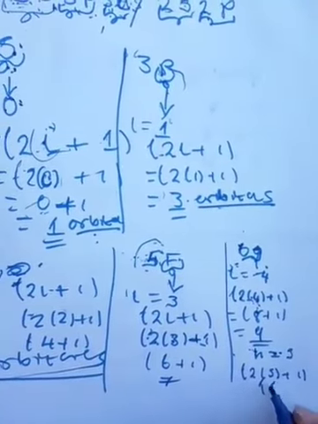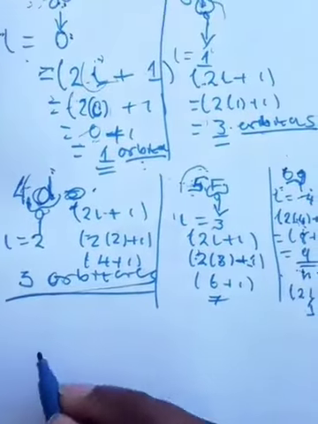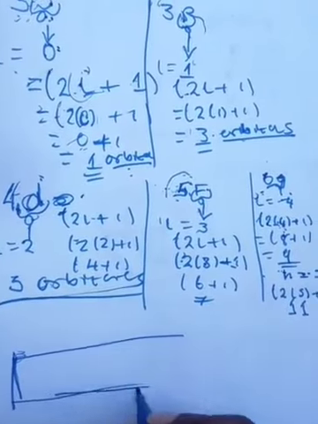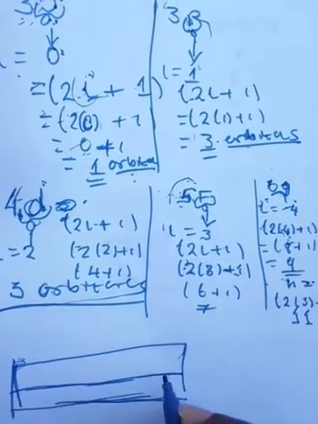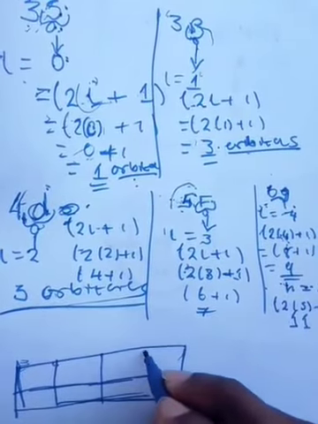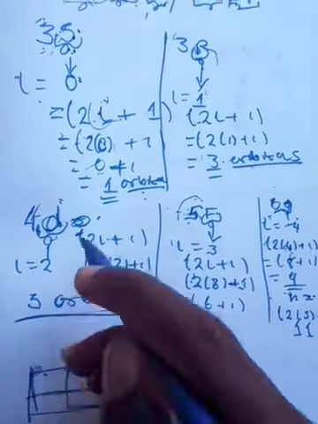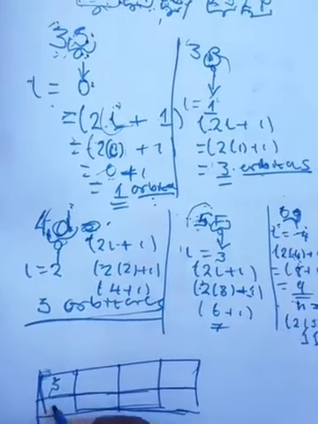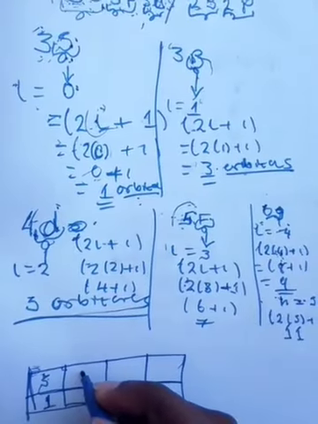Another pattern I can show you is that, actually first let me conclude. So I'm going to draw a very simple box. So we have a very, very simple box here. I'm just trying to sum up everything here. Whenever you have s, you have one orbital.